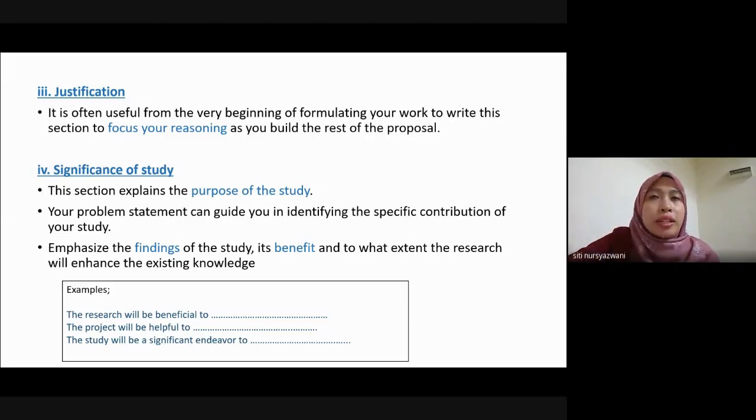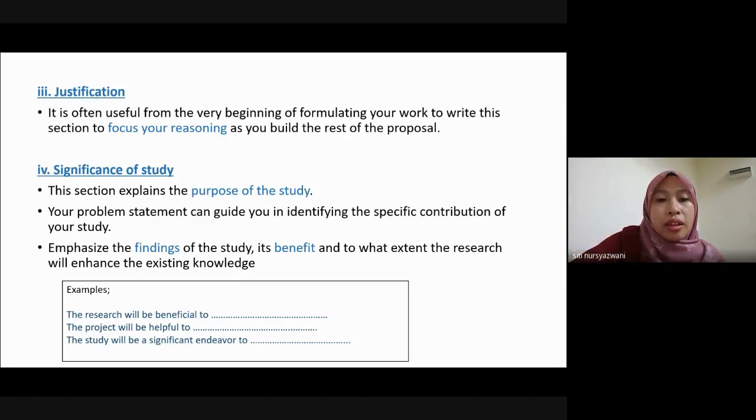Okay, kenapa awak buat ni? So your problem statement can guide you in identifying the specific contribution of your study. Okay, so emphasize this significance of study also can emphasize the finding of your study and its benefits to what extent the research will enhance existing knowledge. Contohnya, macam mana you nak start the significance of study punya sentence.